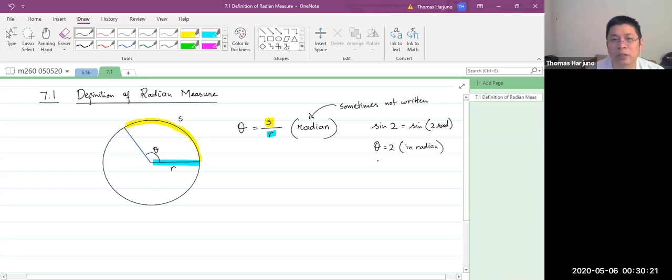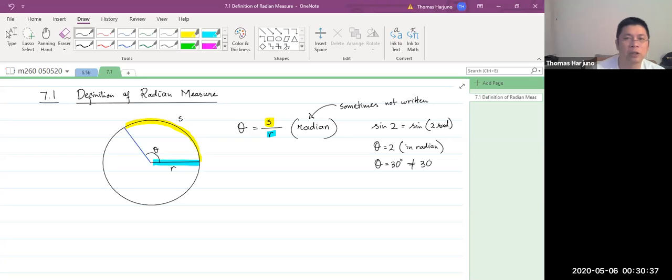Now, theta equals 30 degrees is not the same as 30 without degrees. With the degree sign and without the degree sign is totally different. Without the degree sign, it means it's in radian.